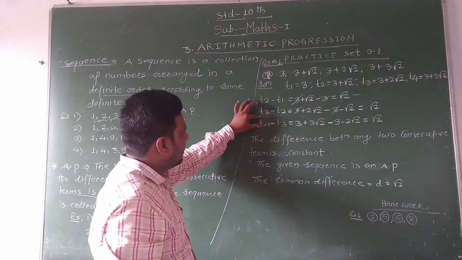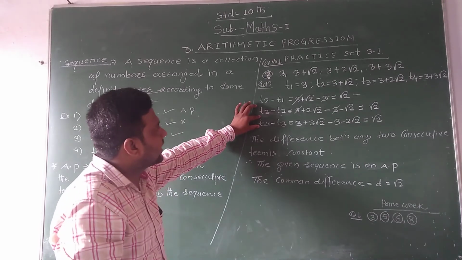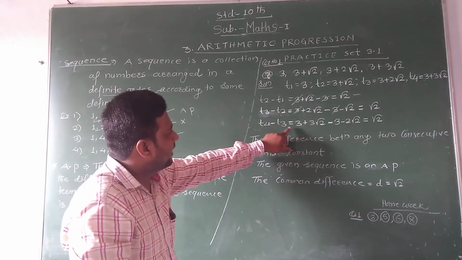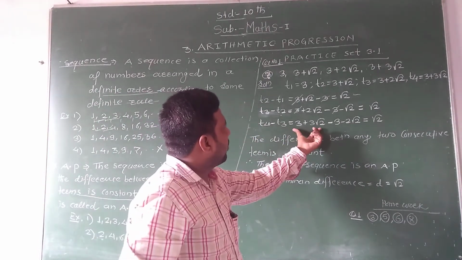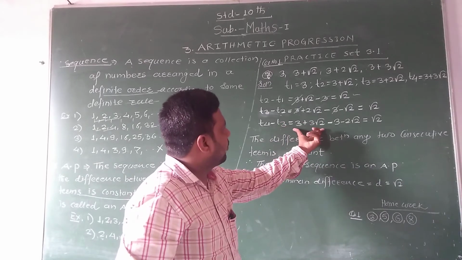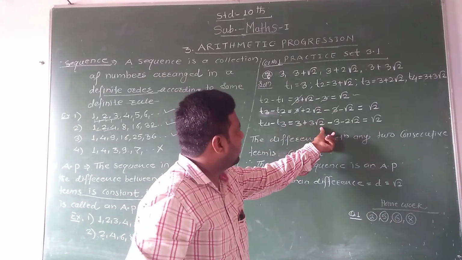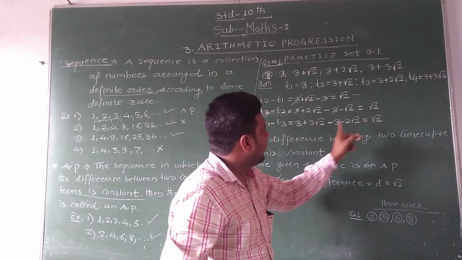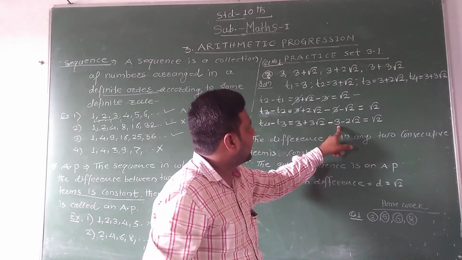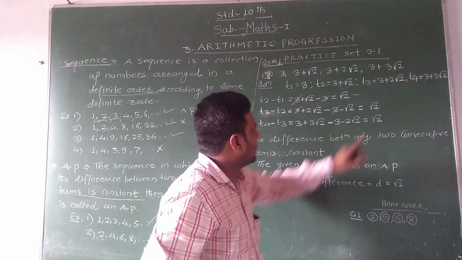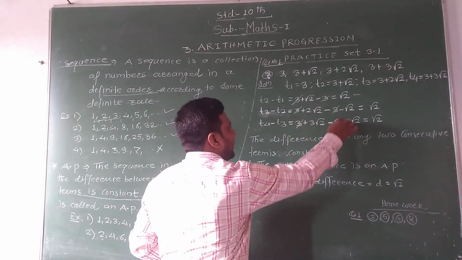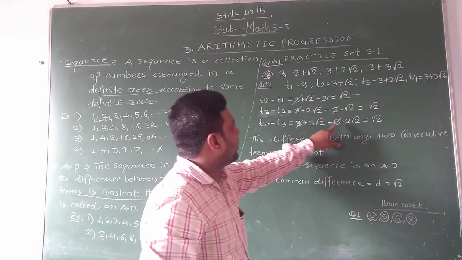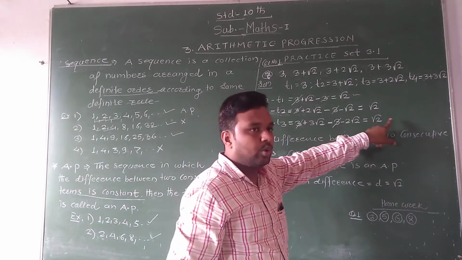Then next difference between next consecutive terms, T4 minus T3 is equal to, fourth term is 3 plus 3 root 2 and third term is 3 plus 2 root 2. Here we have to do subtraction, therefore minus 3 minus 2 root 2 is equal to, here we can cancel 3 and minus 3, then 3 root 2 minus 2 root 2 is equal to root 2.